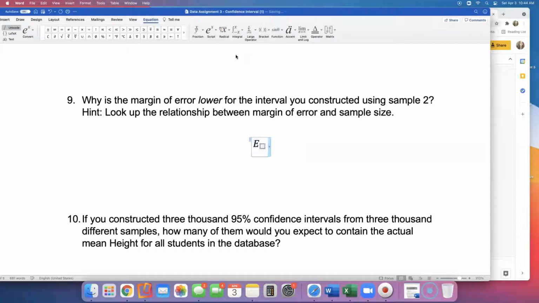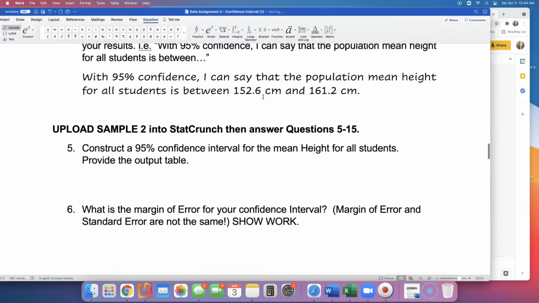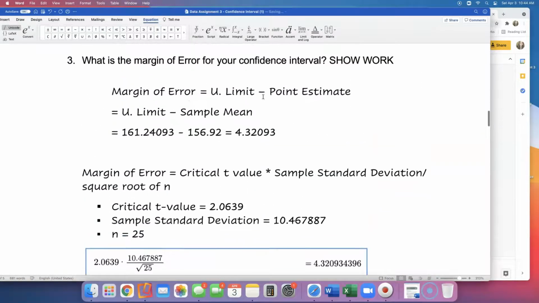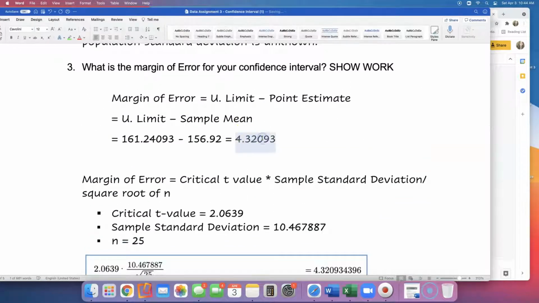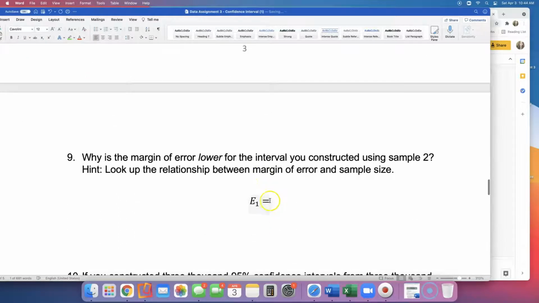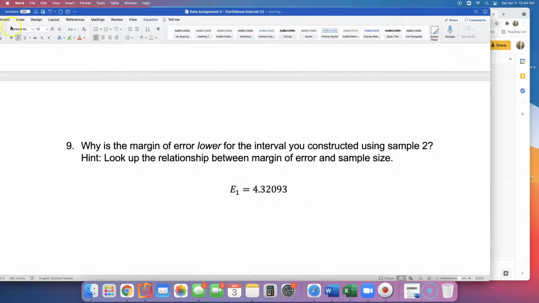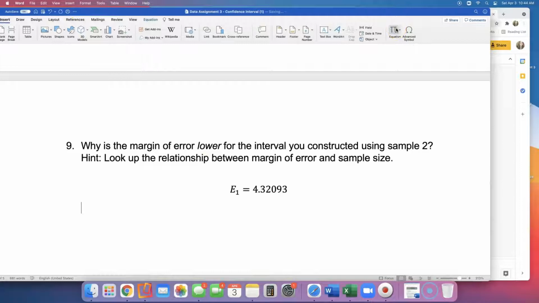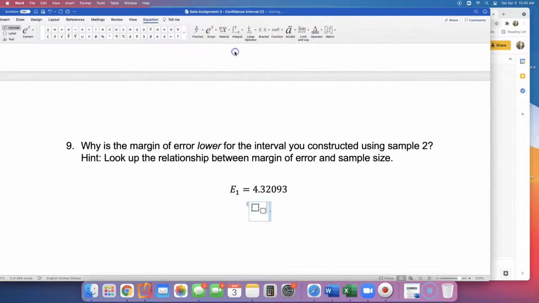Margin of error from sample 1 was equal to, let's go back up and find it, this number. Margin of error for the second sample, a second confidence interval, I just realized I never found it because I skipped number 5. So maybe I will do that real quick.